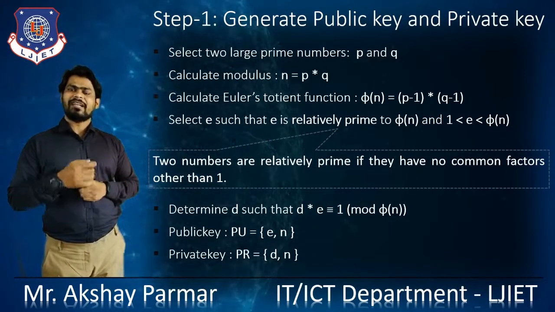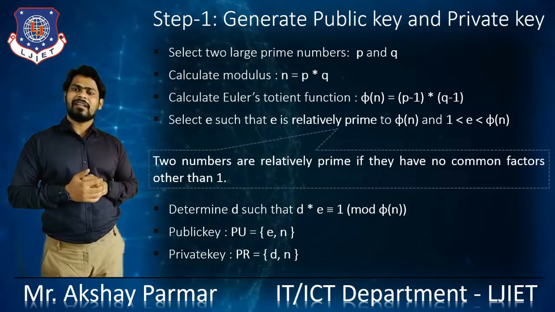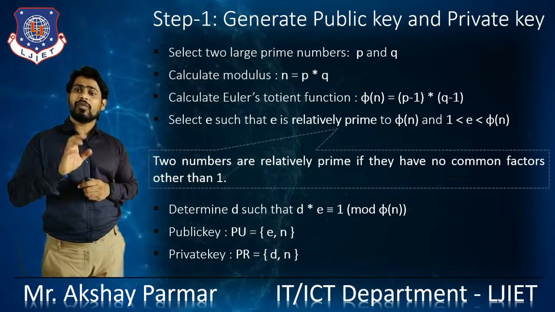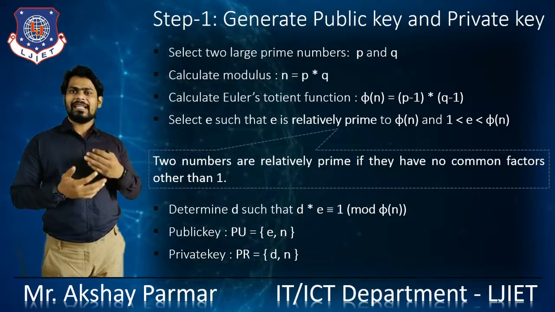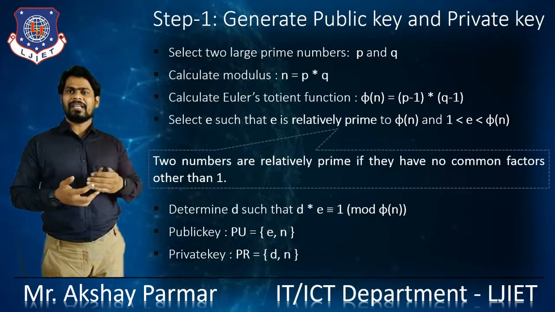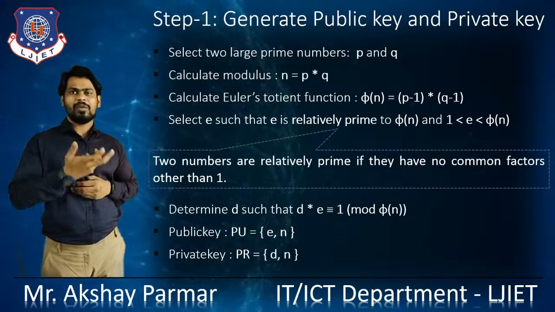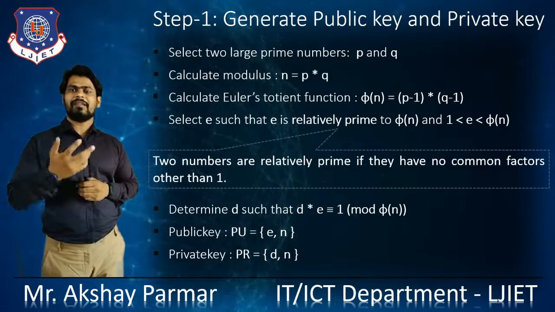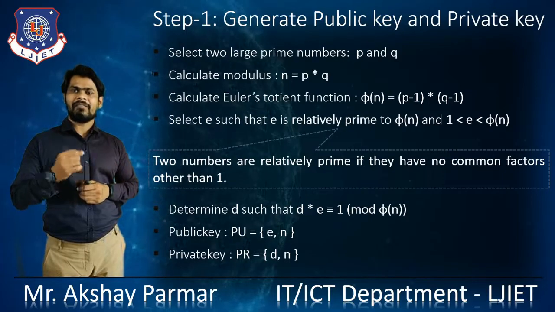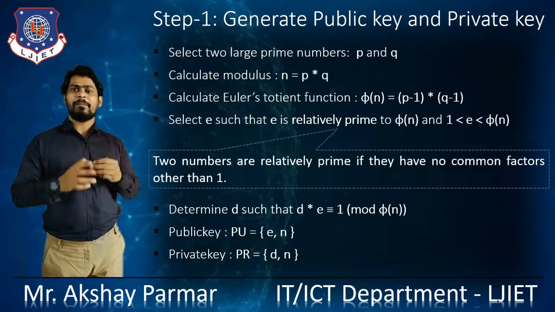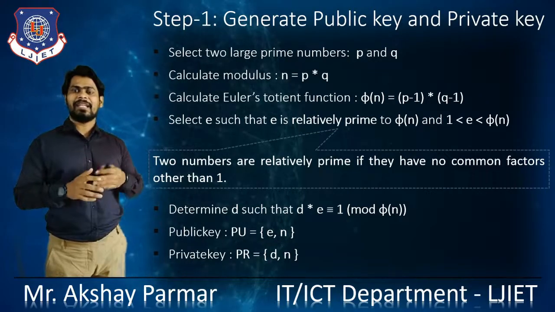After selecting that E, determine D such that D into E is equal to 1 mod phi n. So after getting E, and after getting P and Q, we get n equal to P into Q. After getting E and D, the public key will be E and n, and the private key will be D and n.